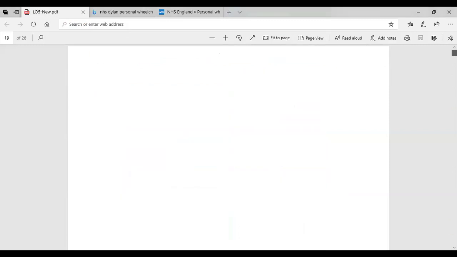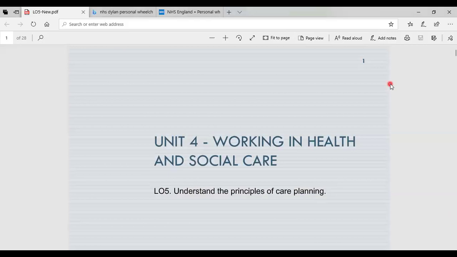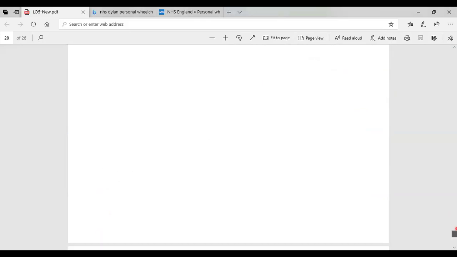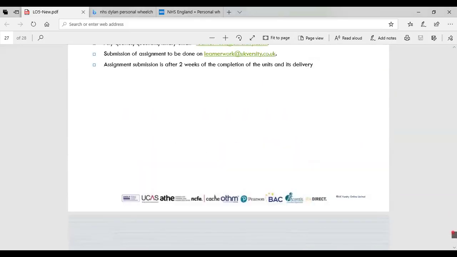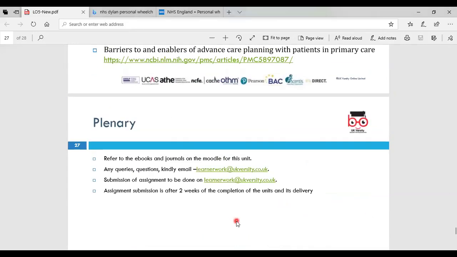I haven't had a look at it, but I have been teaching you since the very beginning, and this is the unit that I'm teaching you. This is the 5th learning objective, and then we'll have the 6th learning objective, which will be the last. If you have a concern, please email again on this link. I'll share this link with you because I'm not sure what you're seeing on Moodle. So if you have any queries, use this link.